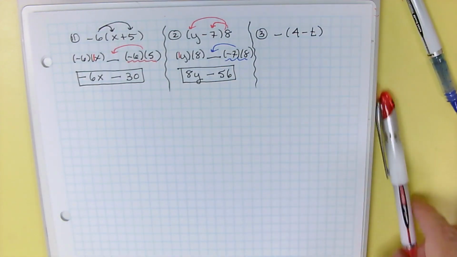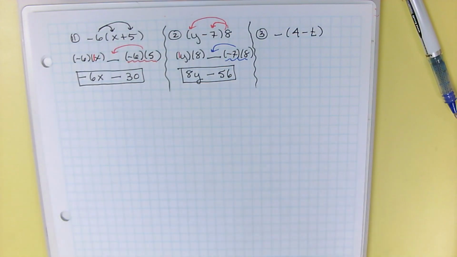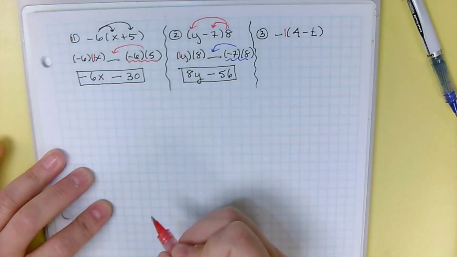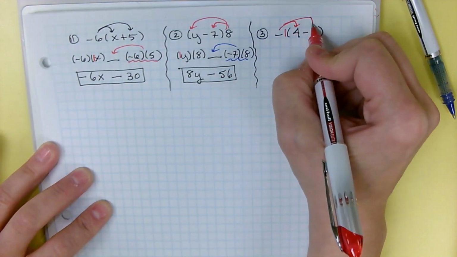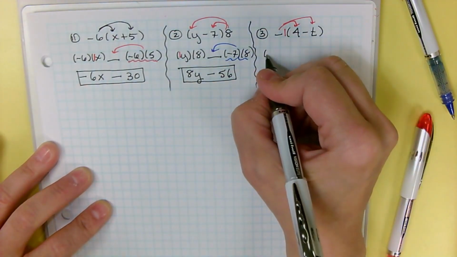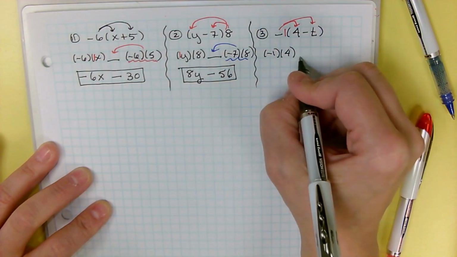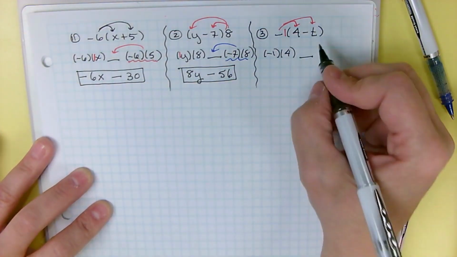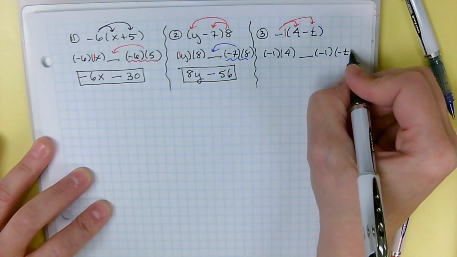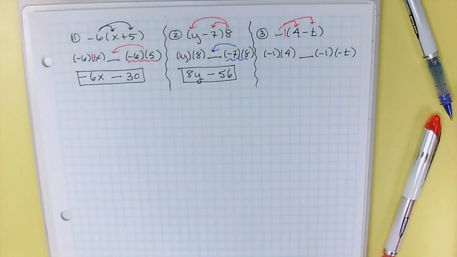Leaving that space is the key to getting these right. Okay, last one. This one has a negative. And what is always, always, always attached to a negative? A 1, yes. So this is -1 being distributed. So we have -1 times 4, leave a space, and then -1 times -t. So here we go.